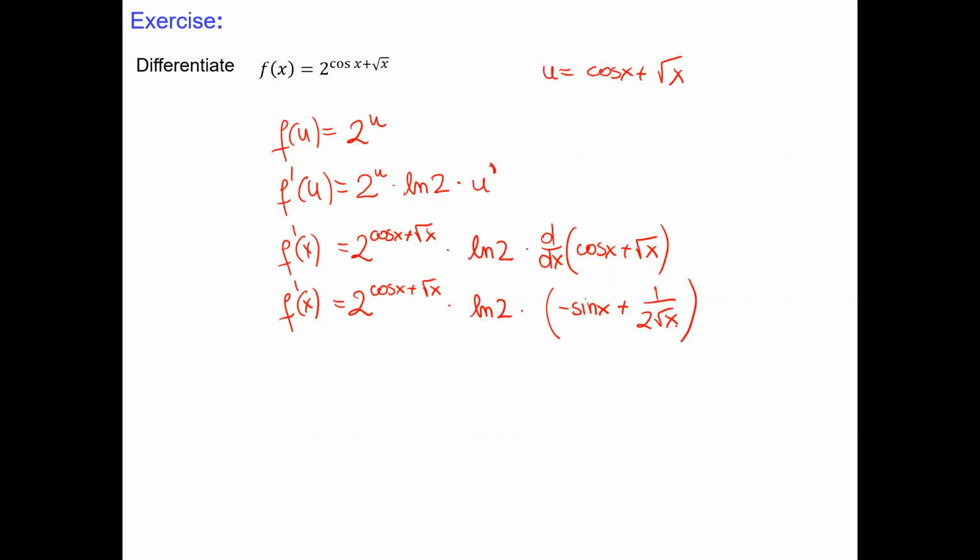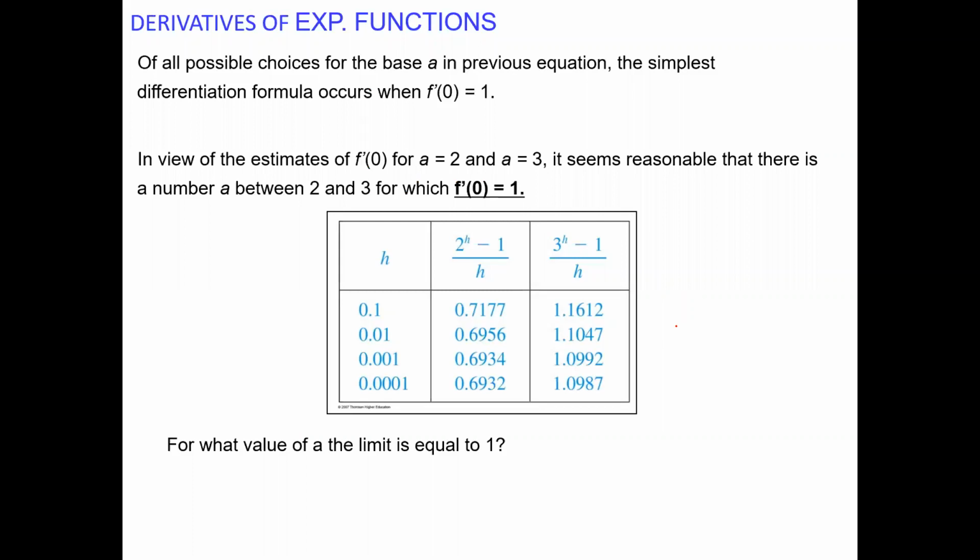And let's derive one more formula, the formula for the natural exponential function. Let's start with this table, because having a to the x as a general exponential function, I might have e to the x.